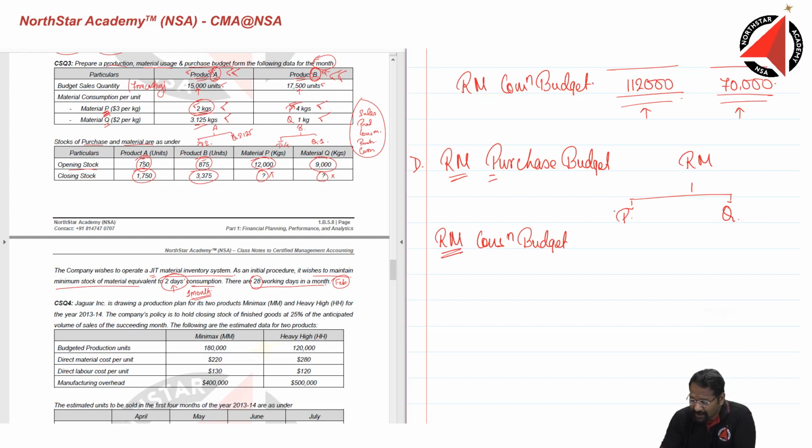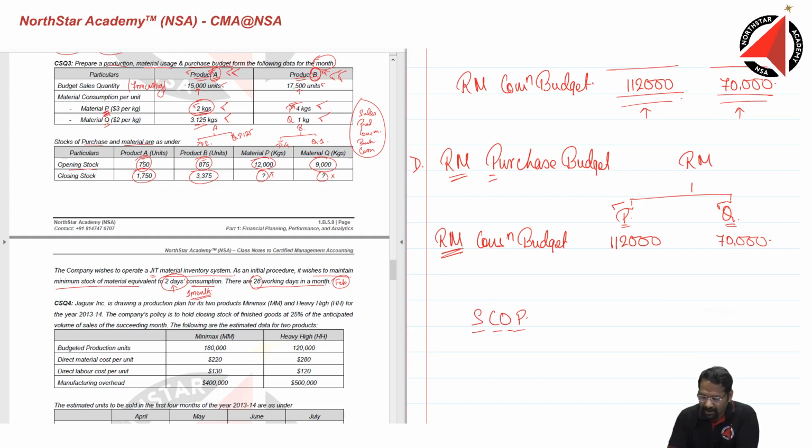So can I write it below P and below Q? Answer is yes, because P is also raw material, Q is also raw material. So 112,000 and 70,000. Done. Again same thing. It was SCOP. So this one sequence is the same.